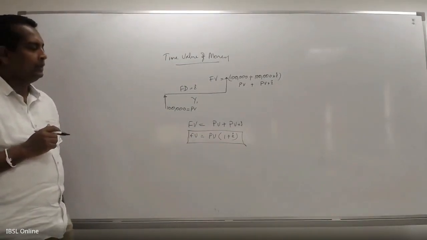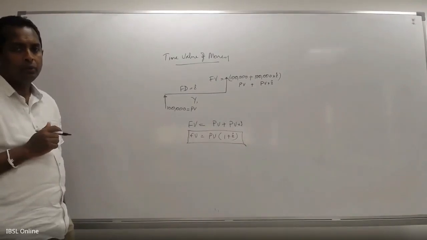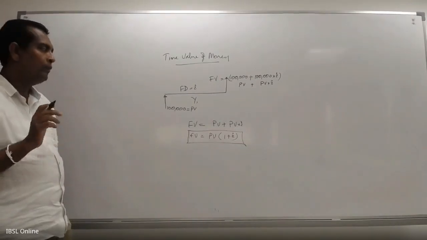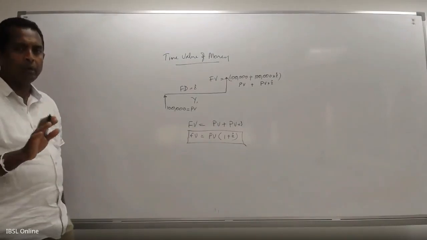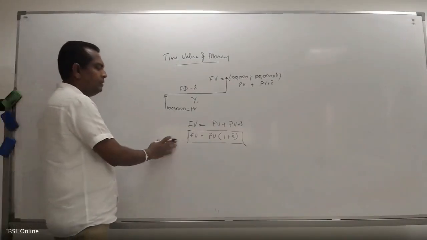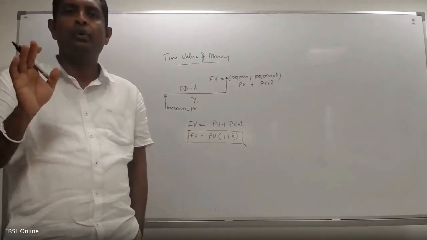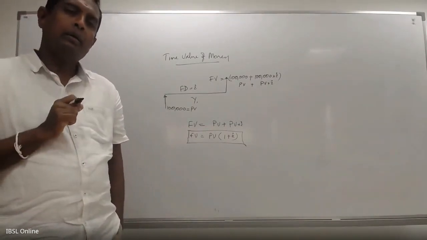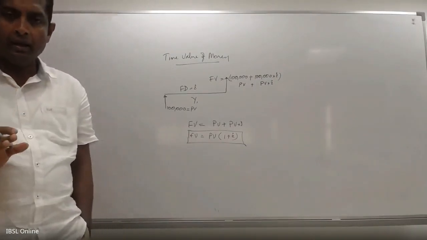Okay. It is easy for me to tell you. Whoever has a mathematics background or a commerce background will understand this easily. But who has an arts or bioscience background, it may be little difficult.